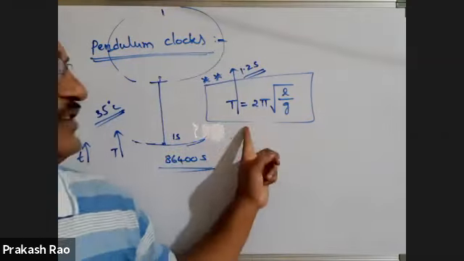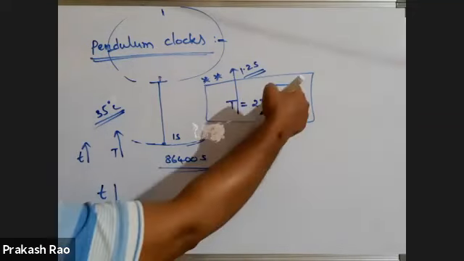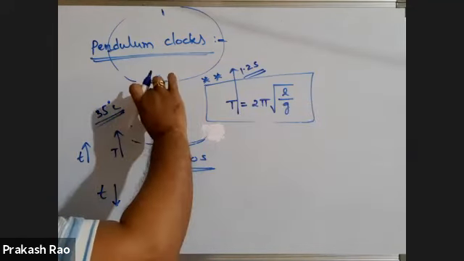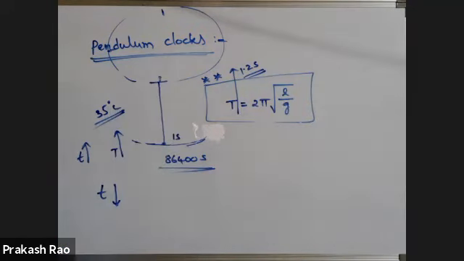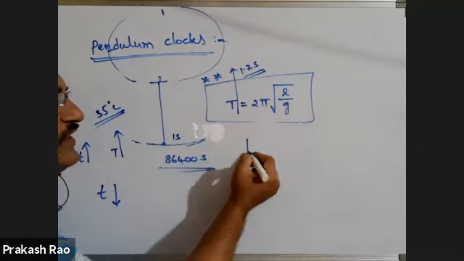Similarly, in the winter, what happens? In the winter, temperature falls. When temperature falls, length decreases because it undergoes contraction. Temperature increases, it undergoes expansion. Temperature decreases, it undergoes contraction. When it undergoes contraction, time period also decreases.